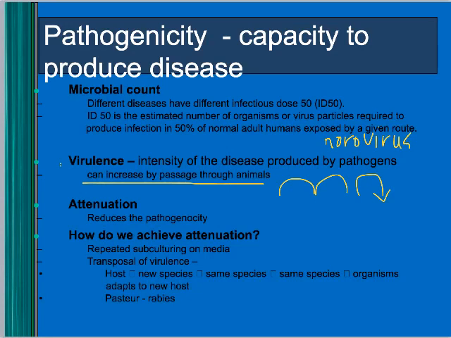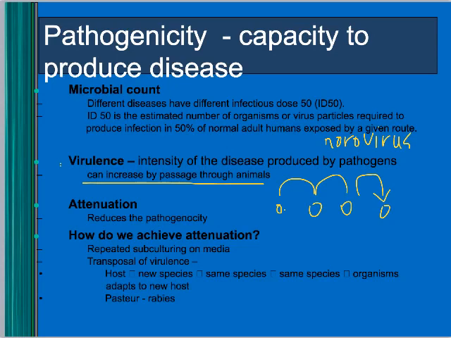If it infects mice, the more it passes through the mice, the more disease it's going to cause. The flu might start out one way in November, but by April, because it's passed from person to person, it will be more virulent by the end of the flu season.